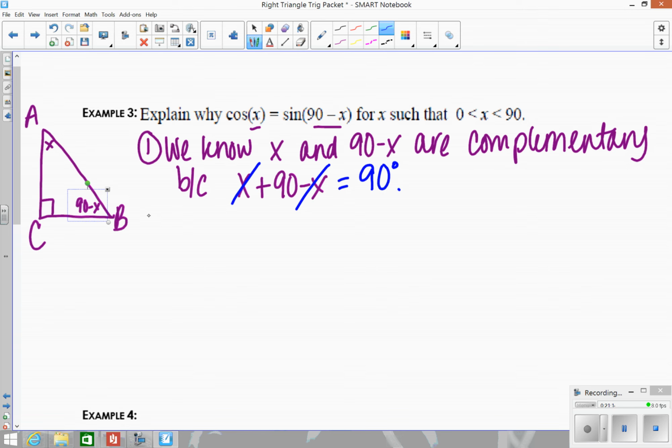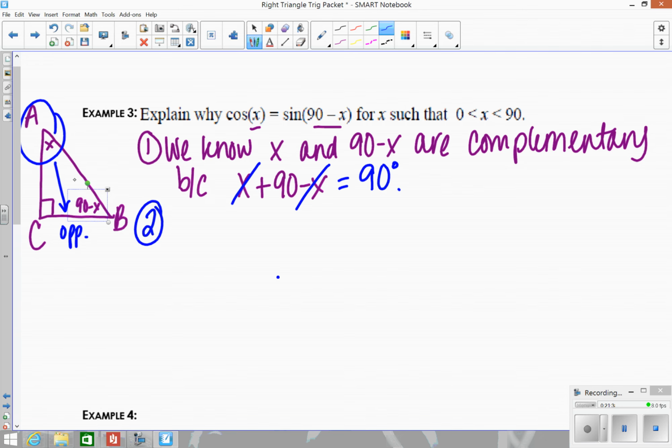The second part is that basically those trig ratios. Since these two angles are complementary, this is only going to work in right triangles. So if we're looking at our right triangle, let's start with angle A. If I label the sides for angle A, this is going to be the opposite.